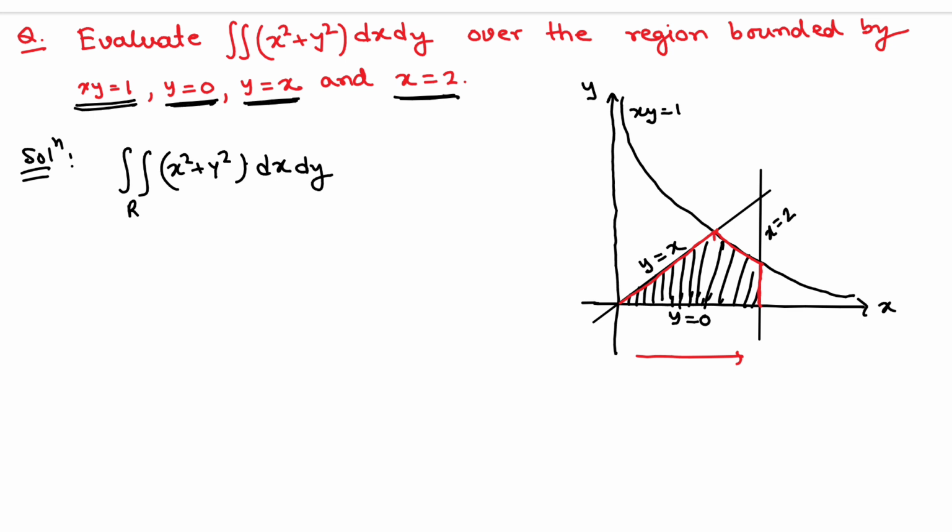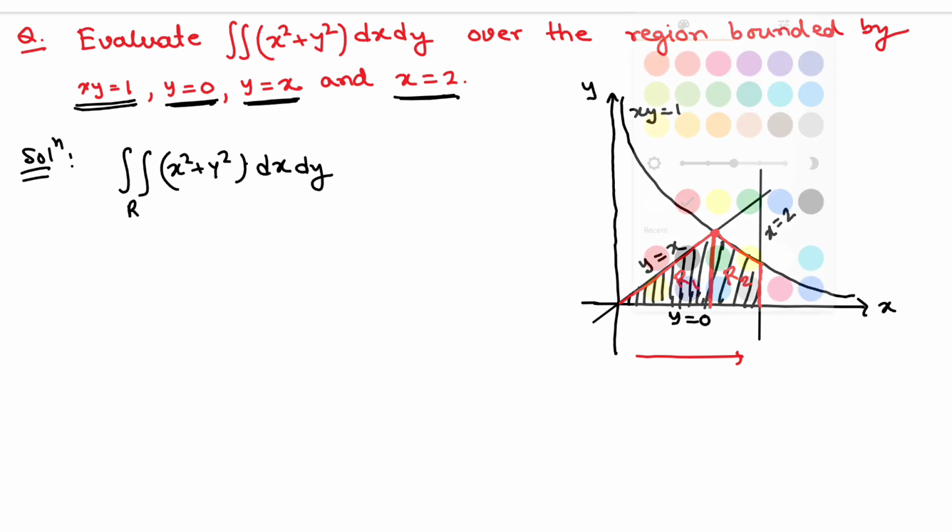We break the whole region into two parts at this point of intersection. This is the point of intersection of the two curves xy equals to 1 and y equals to x. Now the left hand side area, let's say this is r1, and the right hand side is r2.